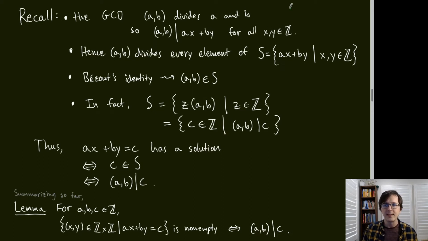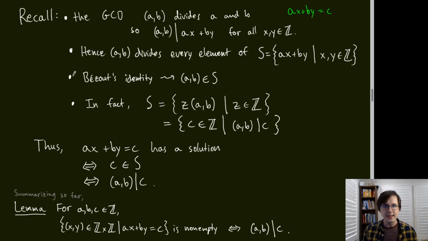So when we have ax plus by equals c, the GCD of a and b will always divide this left-hand side. So if S is the set of all ax plus by for all x and y being integers, then the GCD of a and b divides every single element of S.